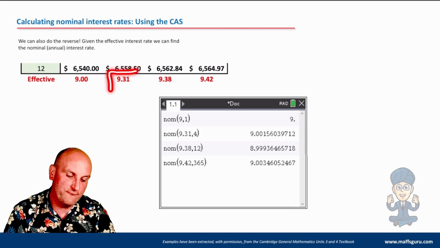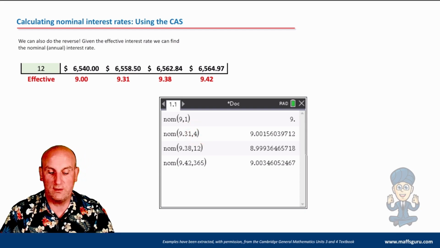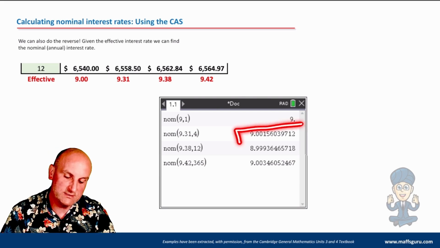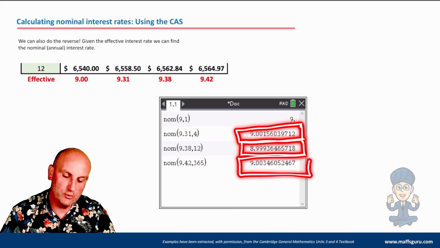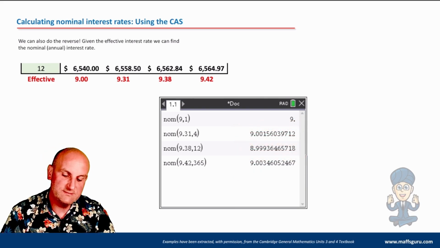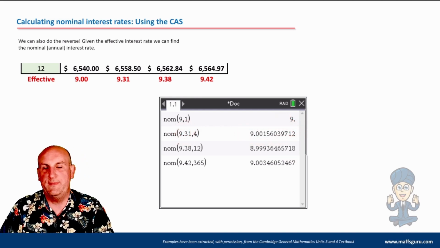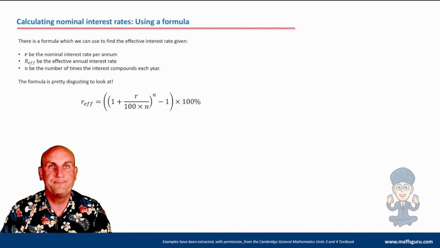So let's say I've got my effective interest rate at 9.31, and I knew that it had been created because of 4 payments. Then you'll notice that all of these values pretty much go back to 9. The reason it doesn't go exactly to 9 is because I've rounded these values here, so your calculator does the best that it can.